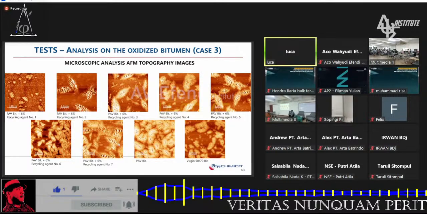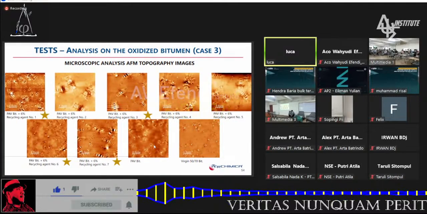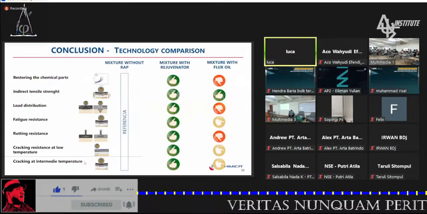With the rejuvenator, the target is to have the same structure as the virgin. As we saw with the DSR, samples number 1, 3, and 7, and even number 6 in this case, are acting on the structure of the asphaltenes. This is the effect of the rejuvenator.